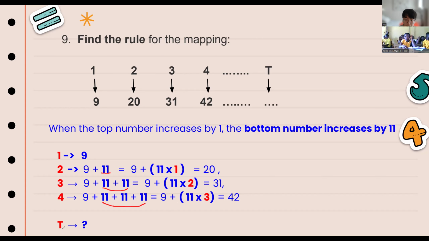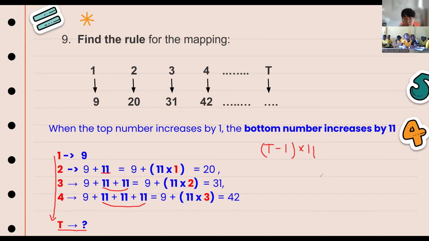So how many 11s, or what number would it be if we said any number t? So if t is a top number, you can see how many 11s are added is t minus 1, right?